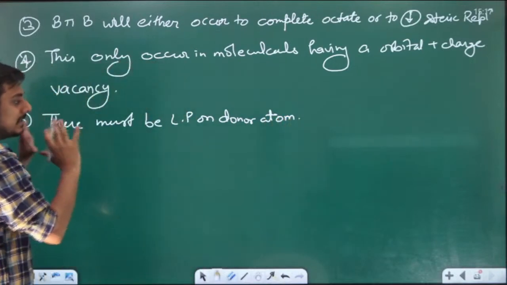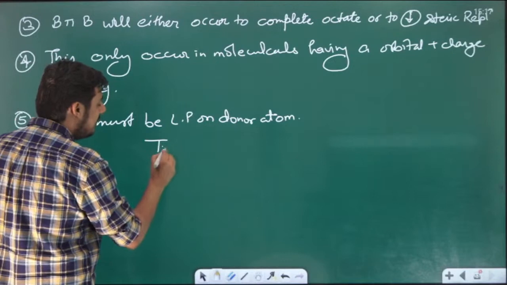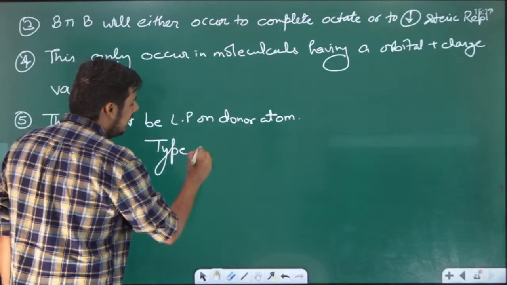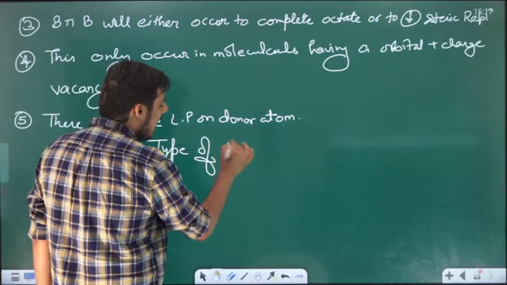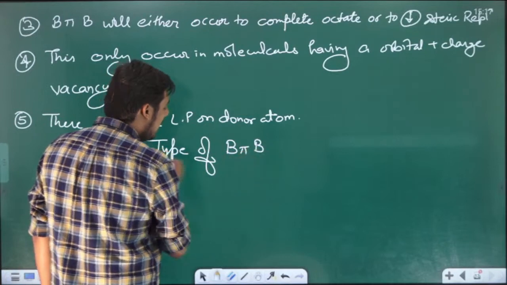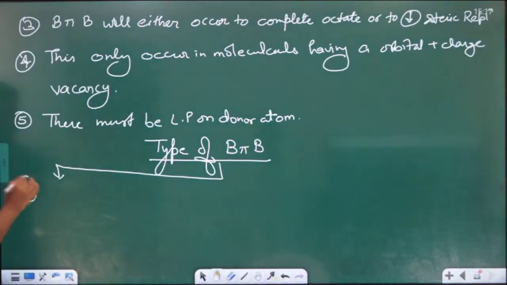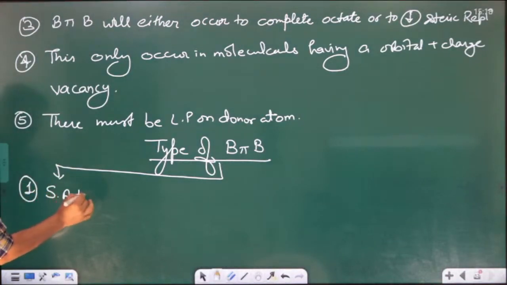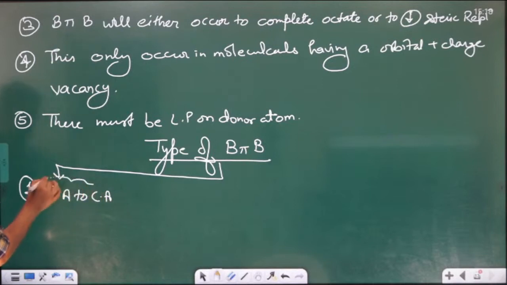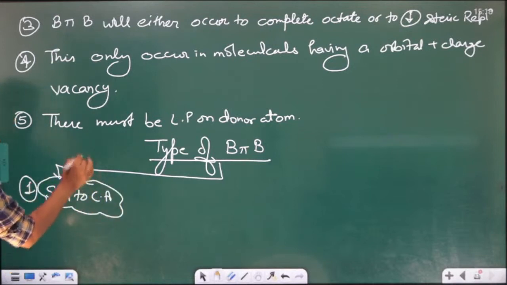And by this study, I can classify back pi bonding into two types. Back pi bonding, I can classify into two manners. First manner is when back pi bonding occurs from surrounding atom to center atom, and this will generally be observed in cases where octet is incomplete.